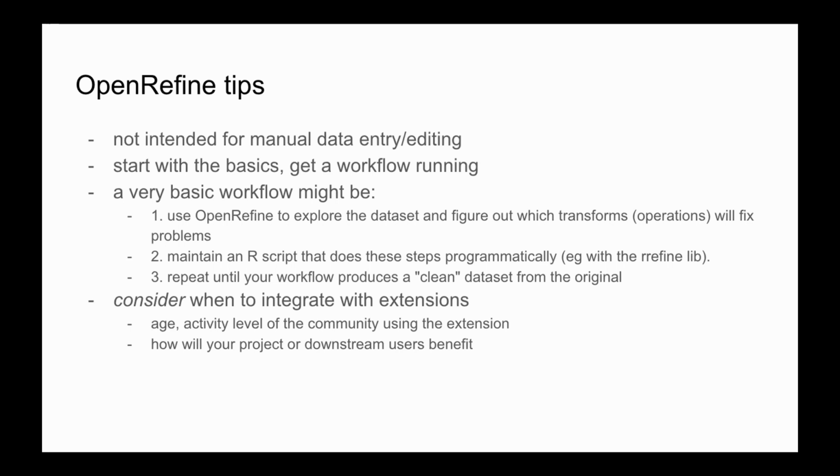My advice would be, if you're going to try to use this, start with the basics, get a workflow running, a loop that you can run and run again, and then slowly add your refined steps. A very basic workflow would be to use OpenRefine, start to fix things, and then maintain an R script that does this programmatically, perhaps using the RRefine library, and repeat until you have a workflow that gives you a clean data set from your input.